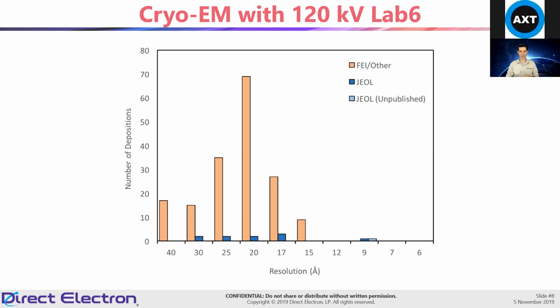This is where everyone goes to mostly start their imaging, to see what their samples look like. And it would be really awesome if someone made a camera that worked really well at 120 kV on these instruments, so that you could get, say, nanometer resolution. And so we can see that there's only one unpublished structure at better than a nanometer resolution, and that's actually from one of our cameras on a 120 kV Lab 6 microscope.